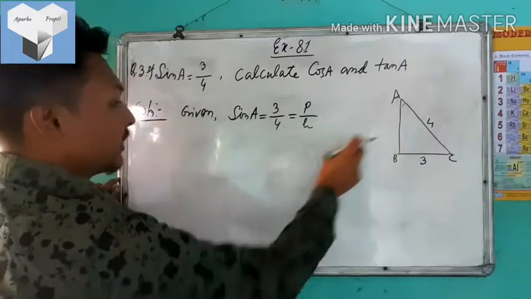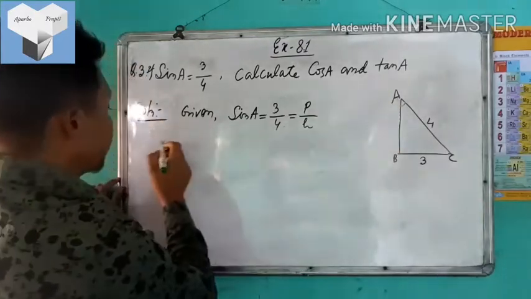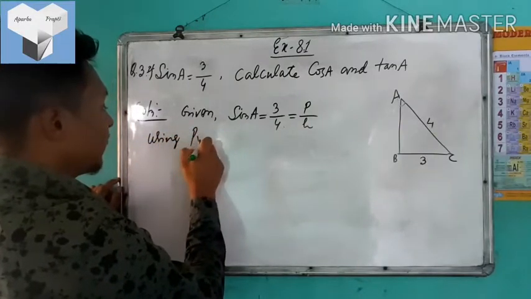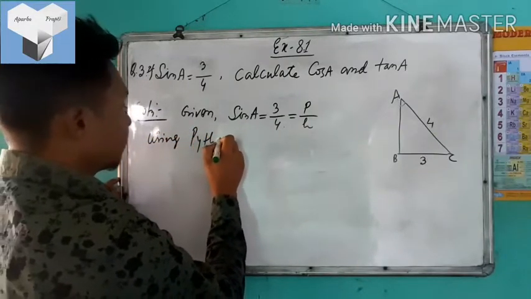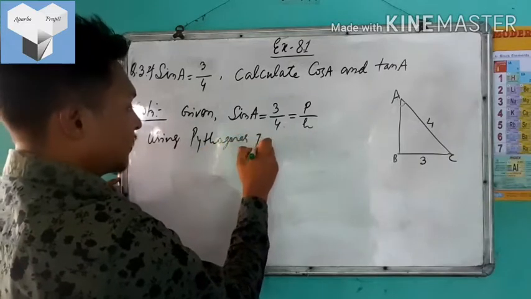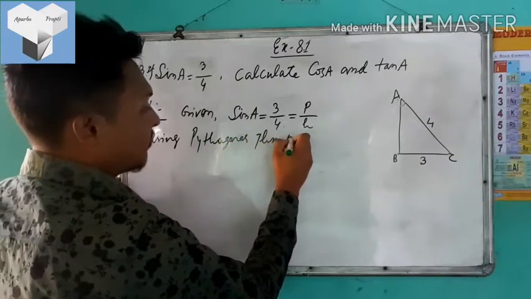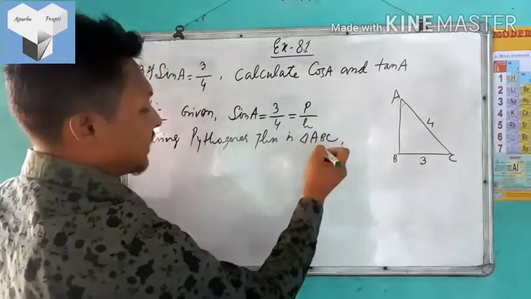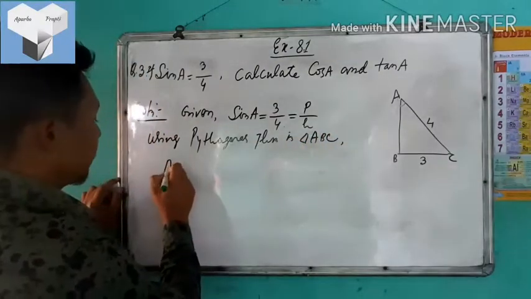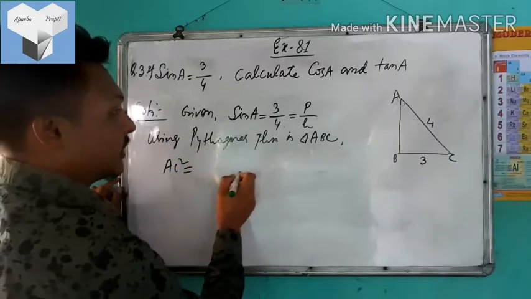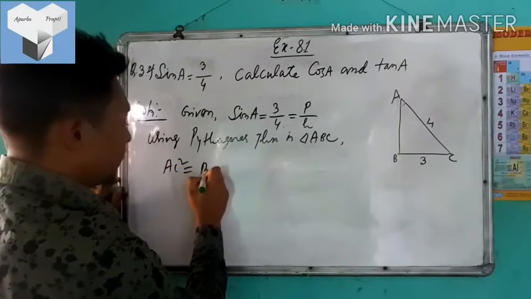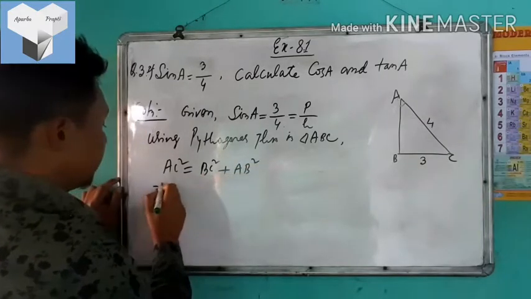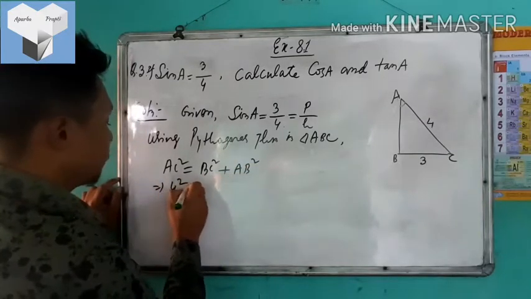That means to find AB. So here, using the Pythagoras theorem in triangle ABC, we get that AC square, the hypotenuse, will be the square of BC plus AB square. We are given the value of AC, that is 4 square.